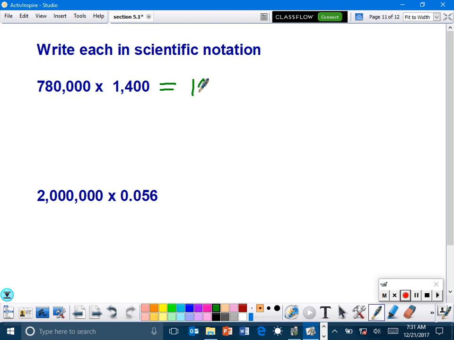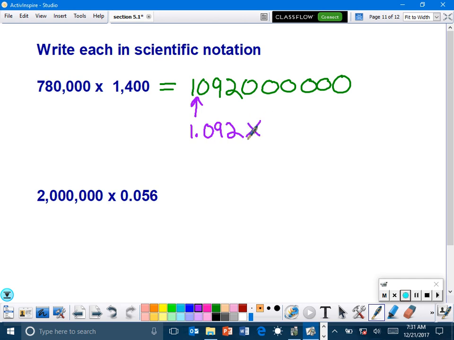So I'm going to get 1092 followed by 6 zeros. I want my decimal to be right here. So 1.092. The rest of the zeros get dropped off. Times 10 to the 1, 2, 3, 6, 7, 8, 9.